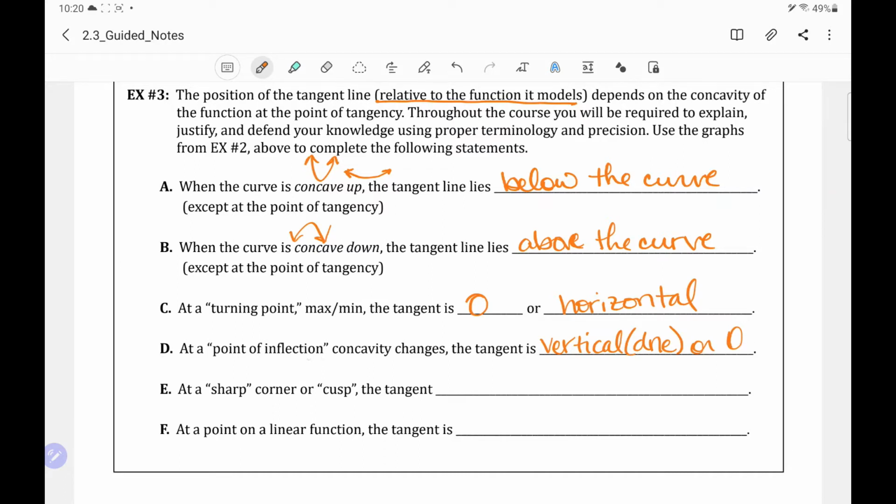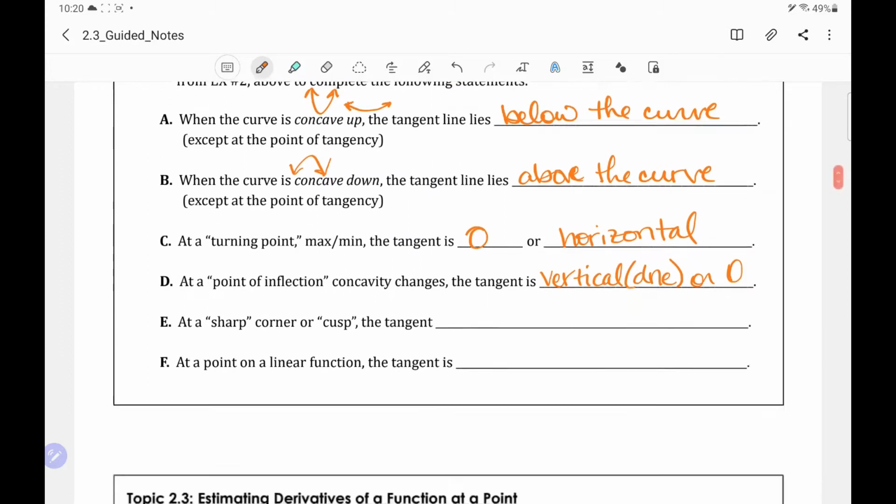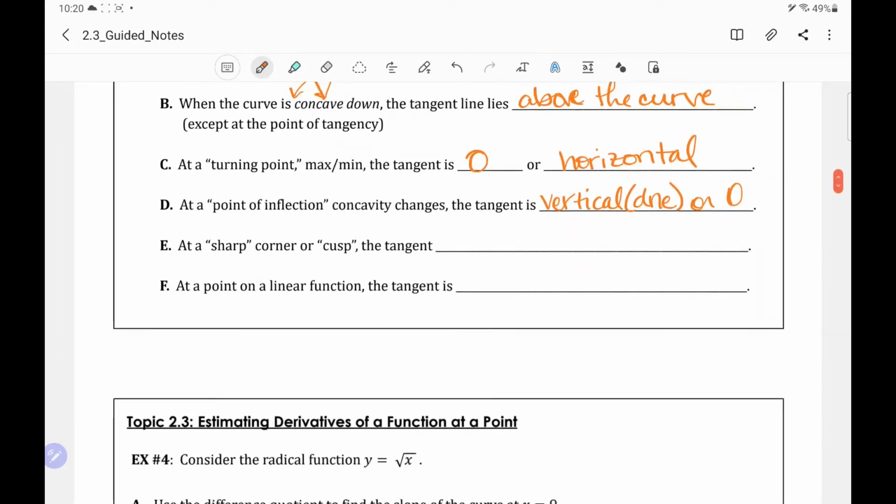So if it's a point of inflection, it's very often vertical, but it can also be 0. At a sharp corner or cusp, the tangent does not exist. So these points where the graph has a very abrupt change, there is no tangent. It does not exist. At a point on a linear function, the tangent is the same slope as the line.